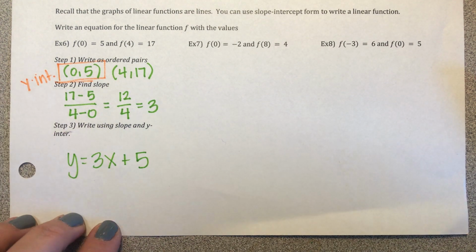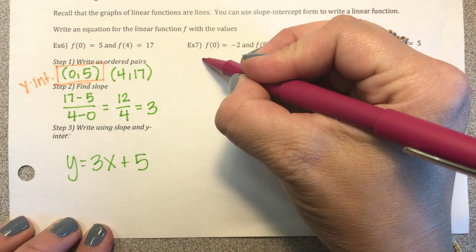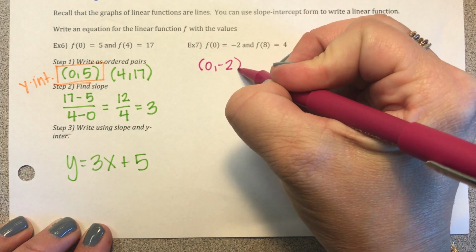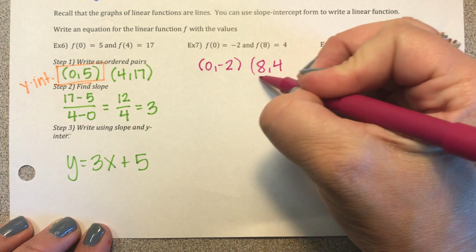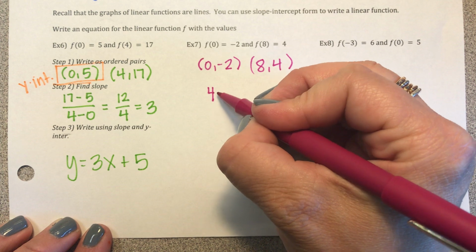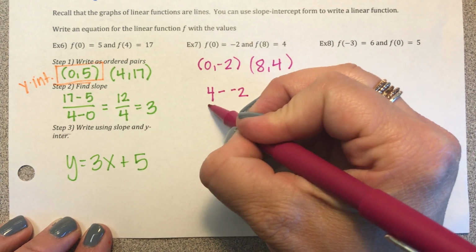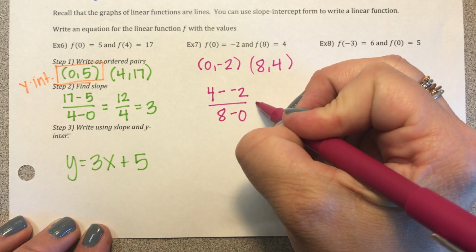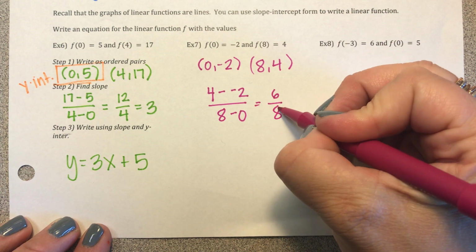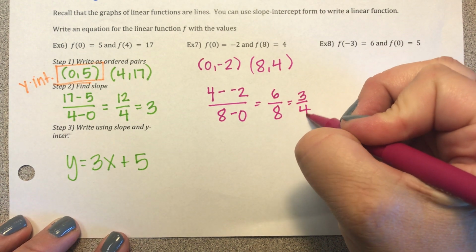We can do the same process for the next two. The ordered pairs are 0, -2, and 8, 4. So we're going to find the slope, 4 minus -2 over 8 minus 0. That's 6 over 8, which is 3 over 4.